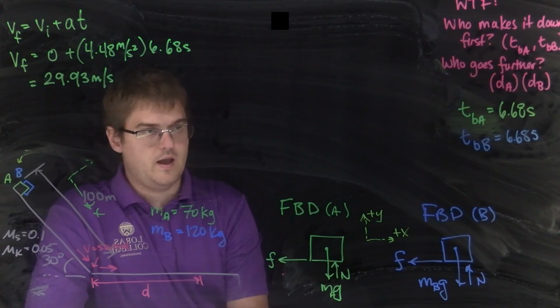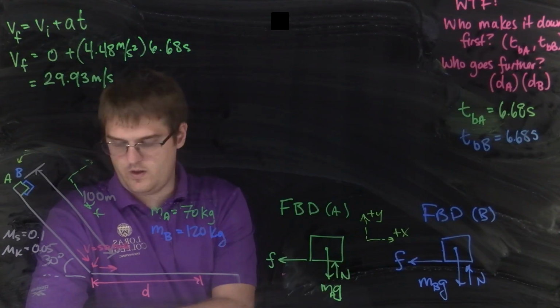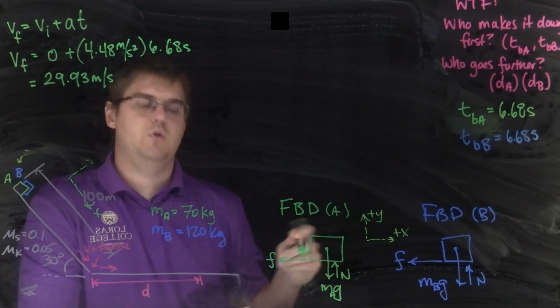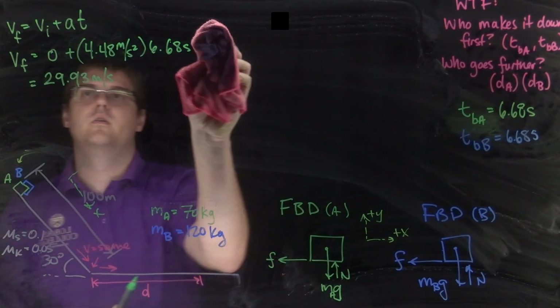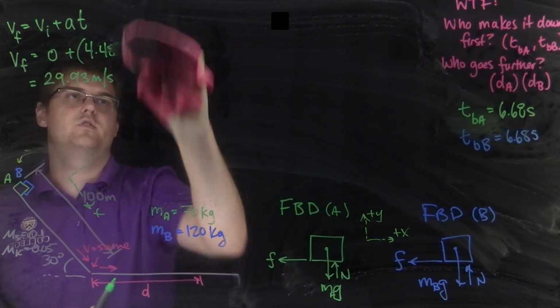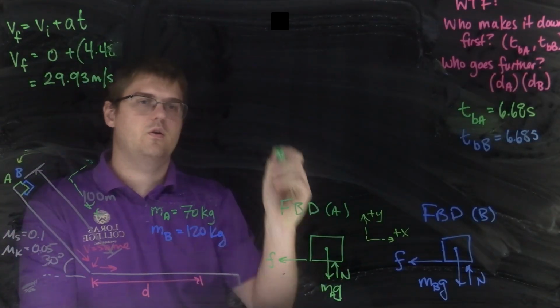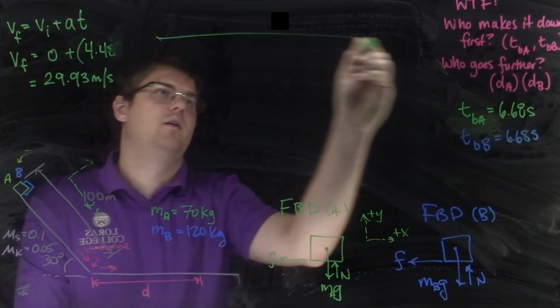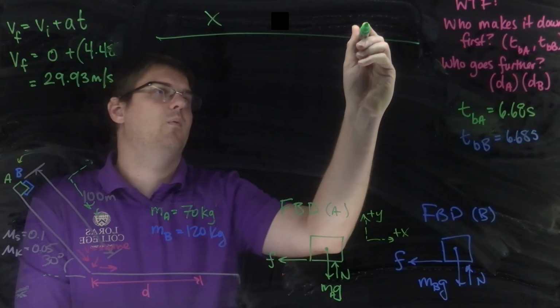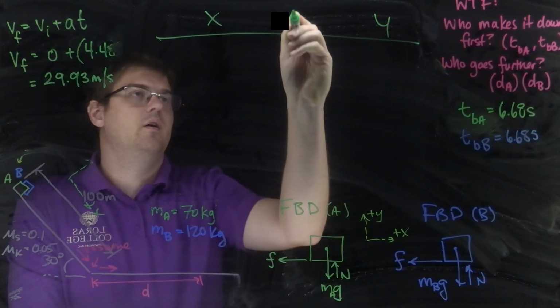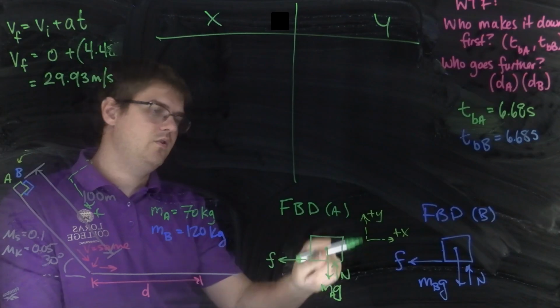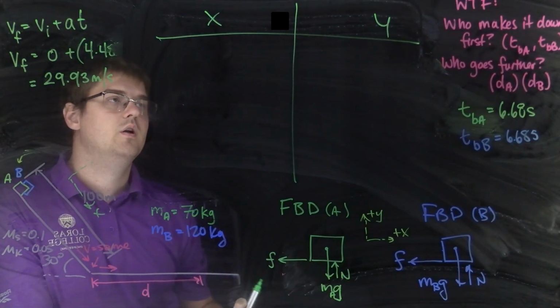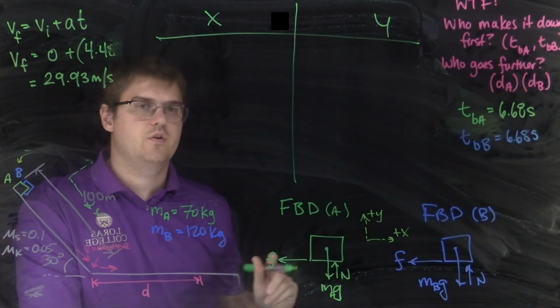So what we have to do is go ahead and split up. I'm going to erase part of this just for space. I'm going to split up my x and my y. I'm going to start with the y because I need the normal force in order to actually solve for this friction.